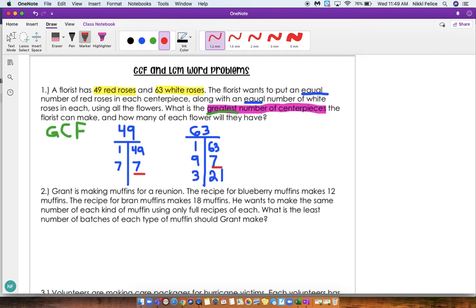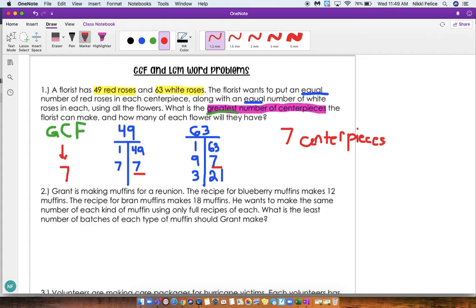So if that's my GCF, that means I can make 7 centerpieces. If I can make 7 centerpieces, how many of each flower will be in each centerpiece?